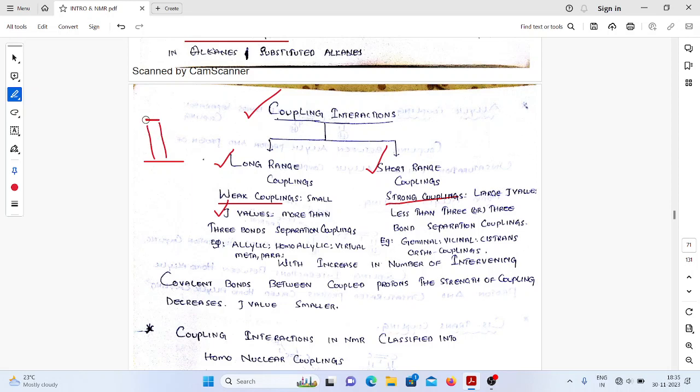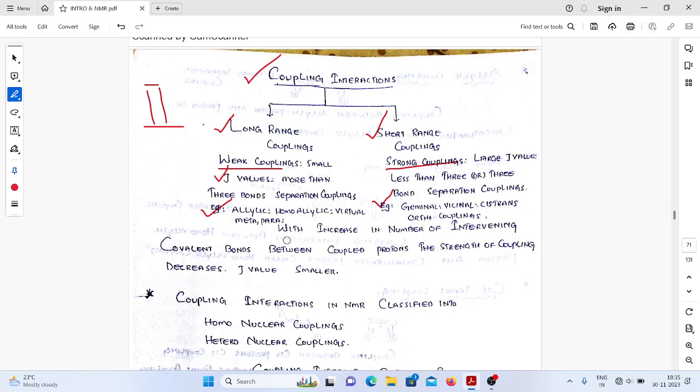The distance between the different lines in the signal is commonly called the coupling constant. Okay, so these are the examples of short range couplings. These are the examples of long range couplings. See this, with an increase in the number of intervening covalent bonds between the coupled protons, the strength of the coupling decreases, thereby the J value is going to decrease.